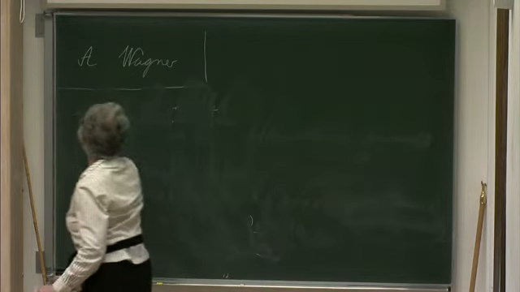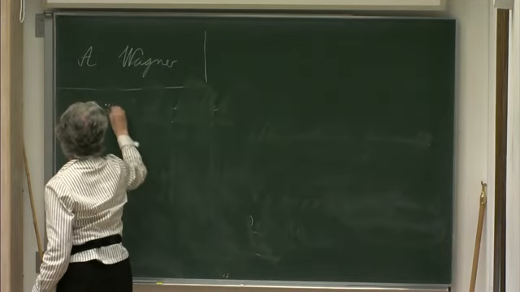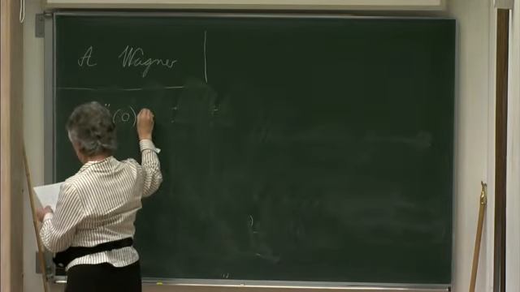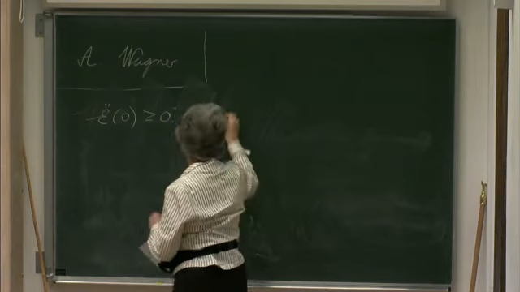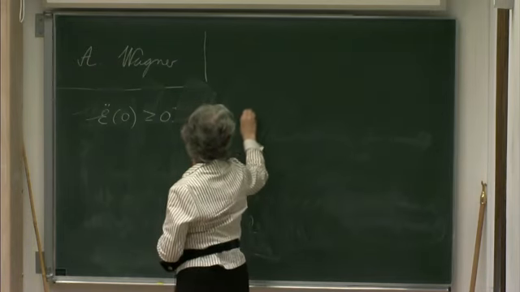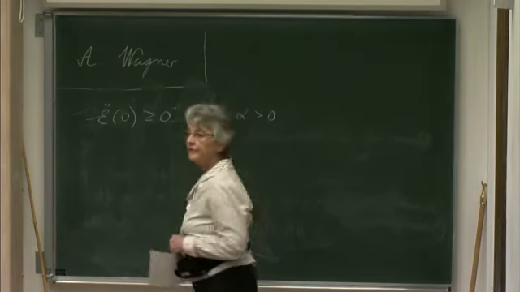Namely, the second variation is positive if alpha is bigger than 0.